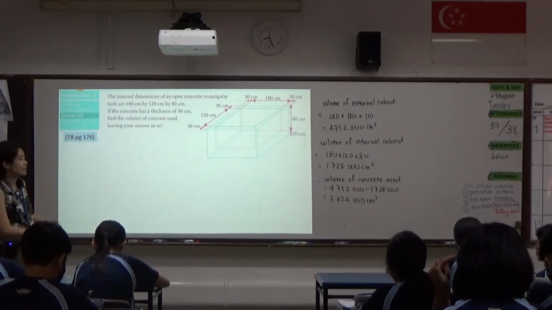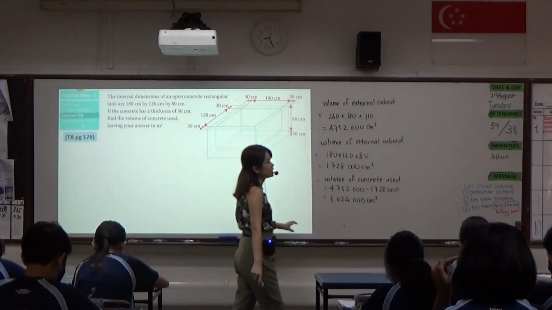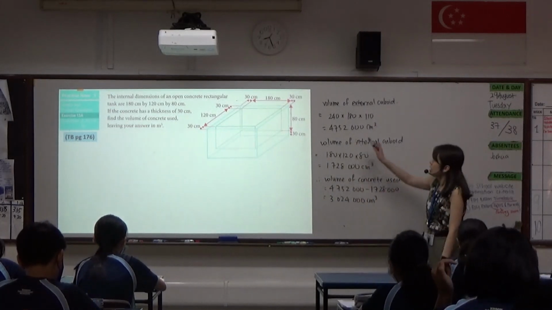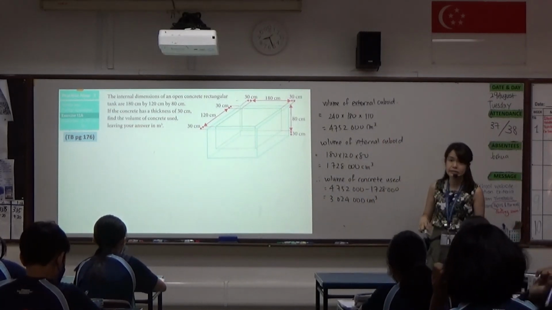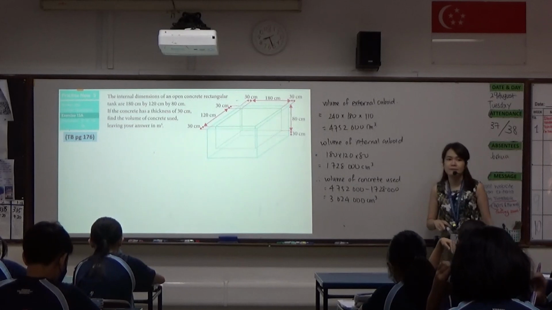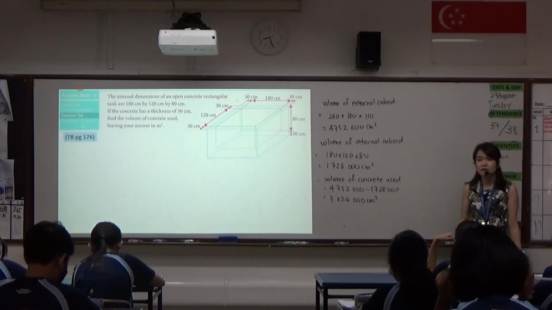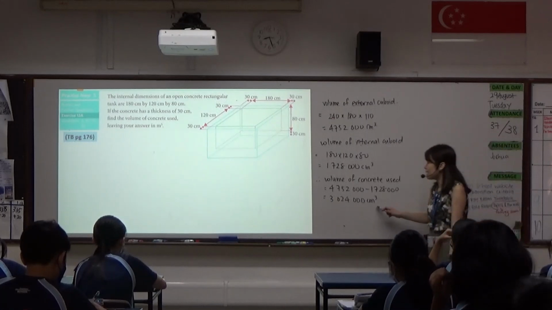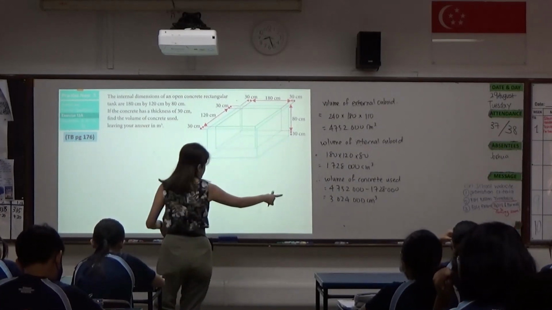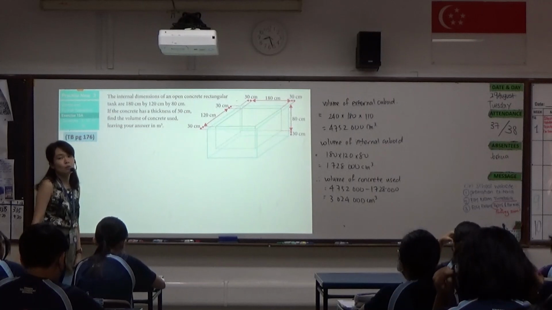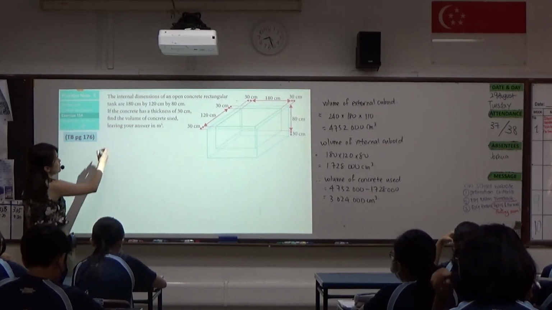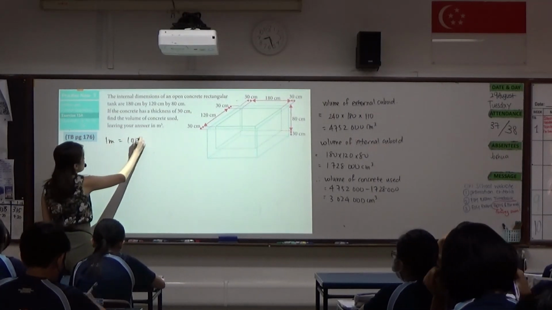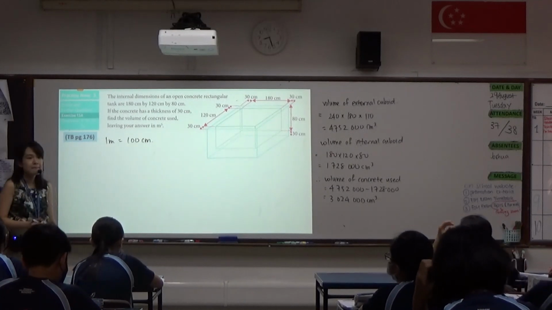So actually, right at the start, there are several ways to go about doing this. You can have your answers all already in meters, so that your final answer will be in meter cube, right? That might be easier for some of us. You don't need to worry about the conversion. But otherwise, if you're like me, you get your answer in cm cube, we need to know how to do the conversion. So let's recall 1 meter is equal to 100 cm.